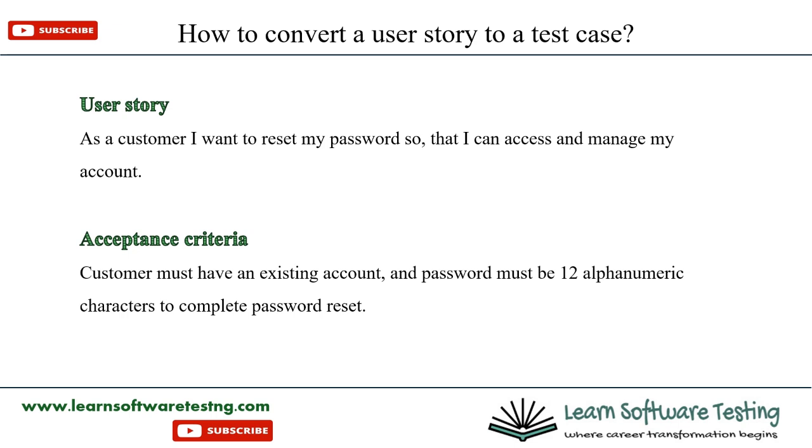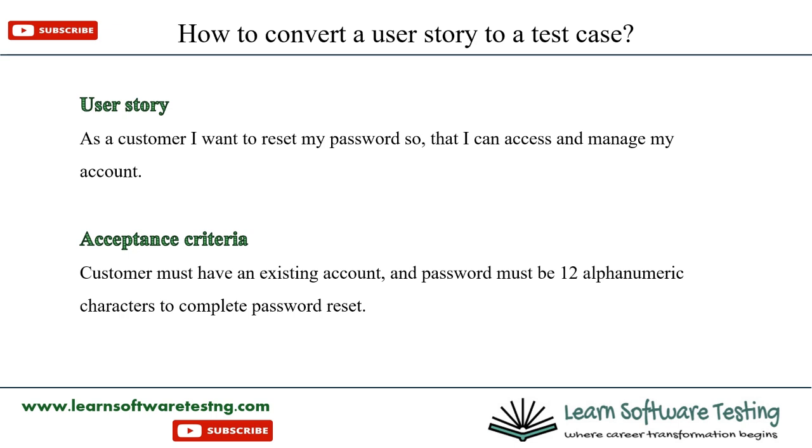So a good example, from what you can see here, is a short user story for a customer login form. Okay, if you look at the description on the screen, the short description for the user story basically describes how, as a customer, I want to reset my password so that I can access and manage my account.